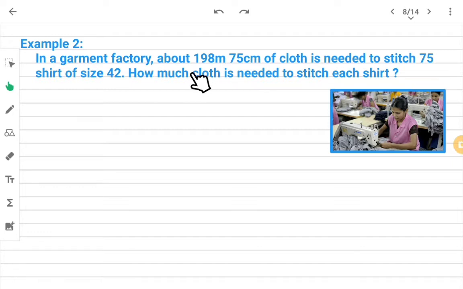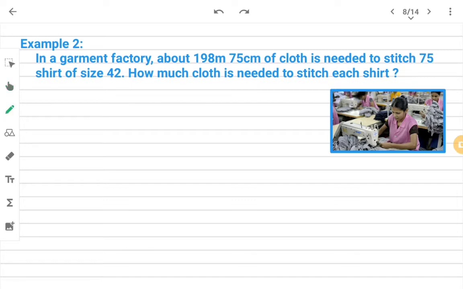A total of 198 meter 75 centimeter of cloth is needed to stitch 75 shirts, and they are asking for the cloth needed to stitch each shirt. Here they have given it in 2 units, 198 meter and 75 centimeter. So first we have to convert this to a single unit.